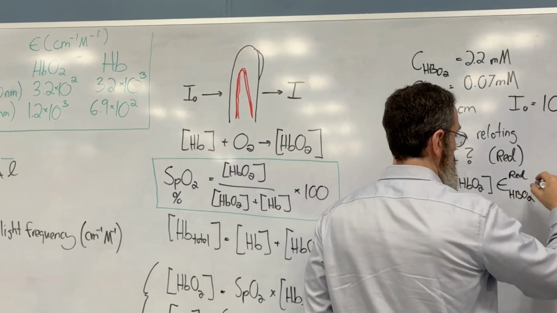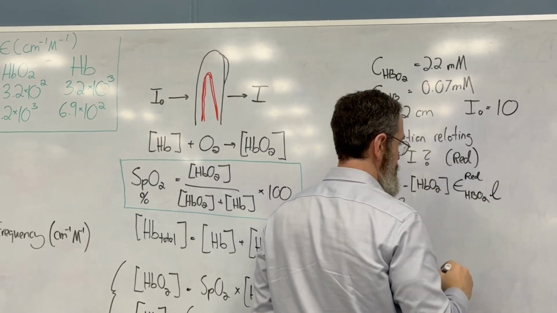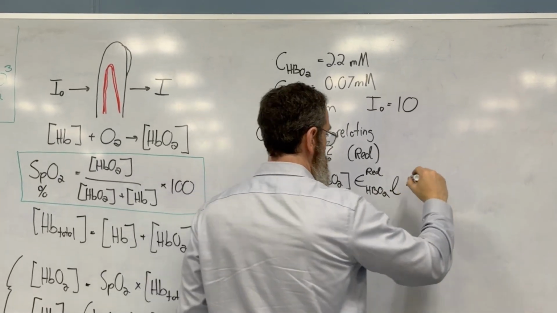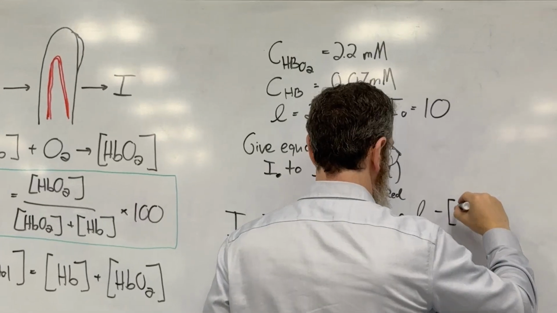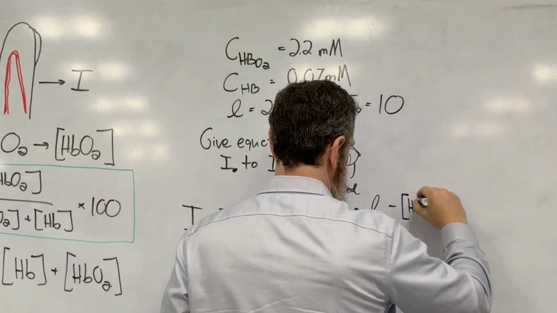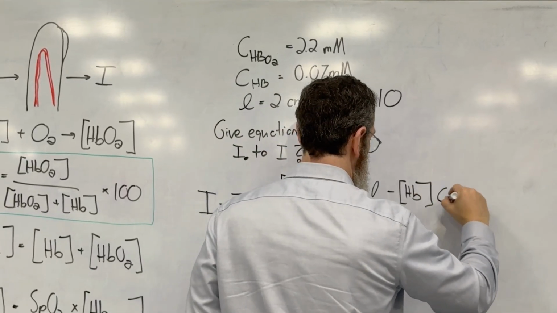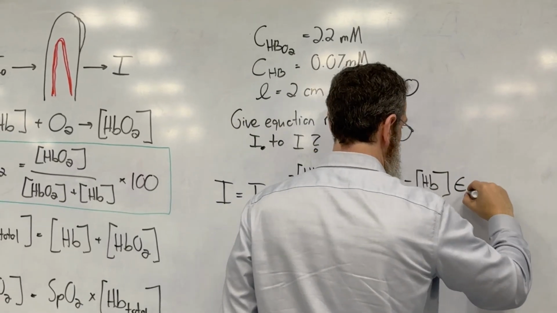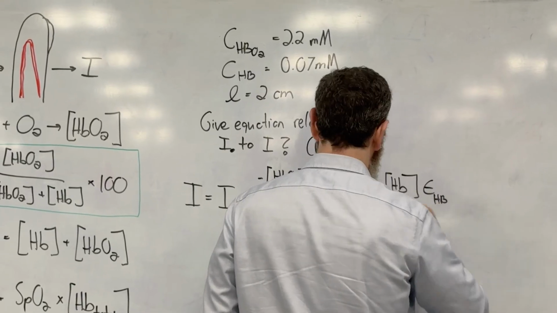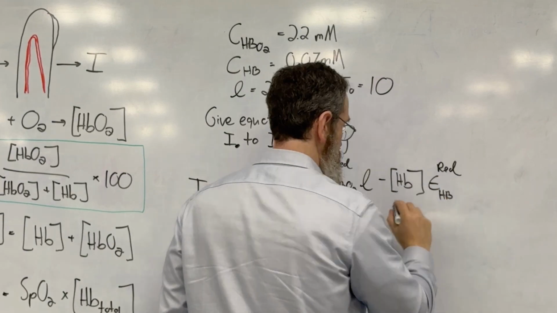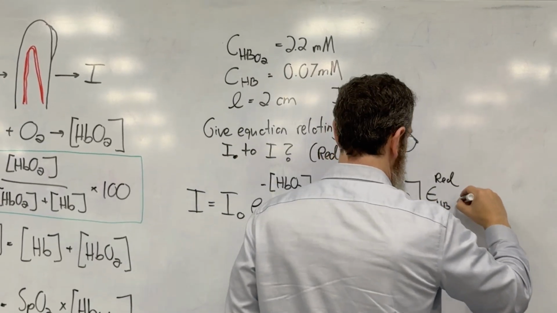And we're going to multiply that by the length. And then we're going to have another term here, which is going to be the concentration of deoxyhemoglobin times the extinction coefficient of deoxyhemoglobin at red, times the path length.